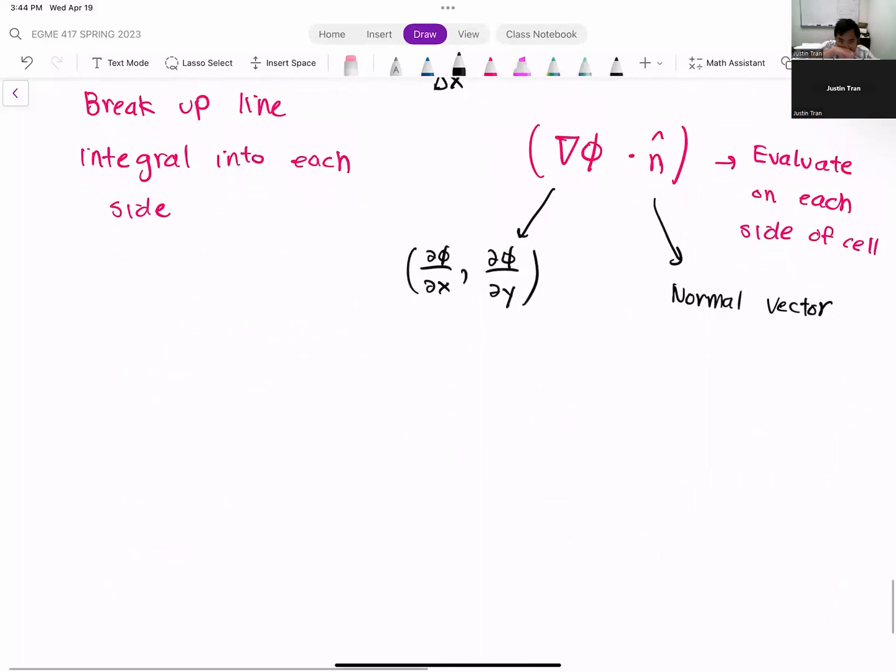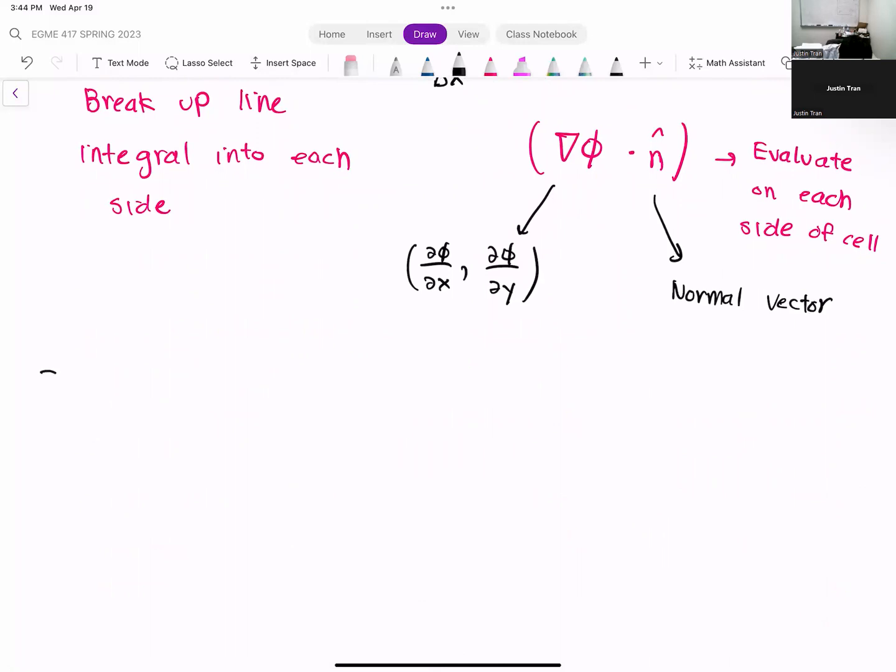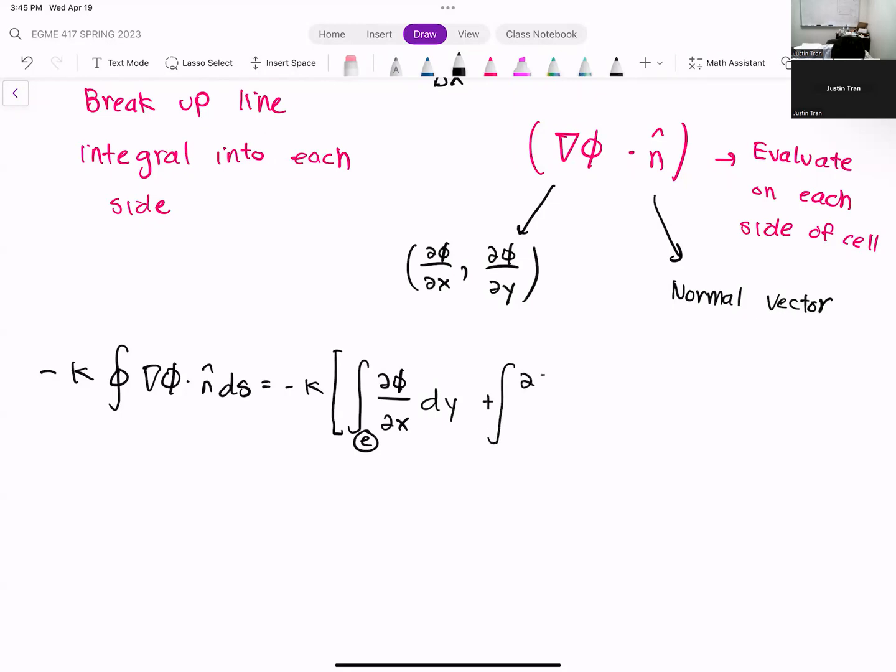All right, let's go ahead and plug in for that. Our entire line integral here is minus k times the integral of partial phi partial x on the east face dy, plus the integral of partial phi partial y dx on the north face, minus, right?